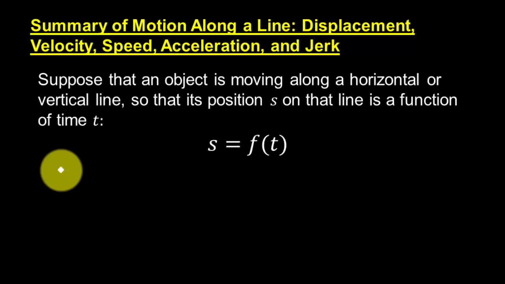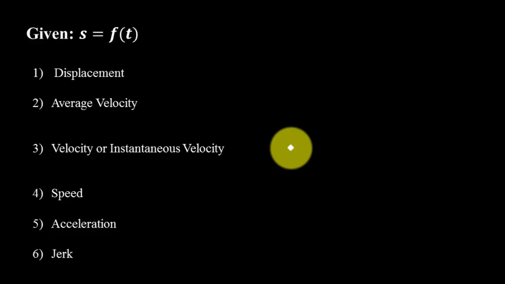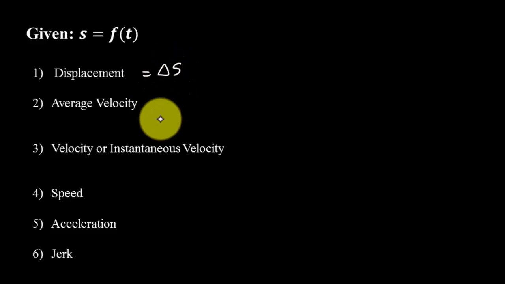Okay, summary of motion along a line. We have the displacement, the velocity, speed, acceleration, and jerk. Suppose that an object is moving along a horizontal or vertical line, so that its position s on that line is a function of time. Then the displacement would be the change in s.